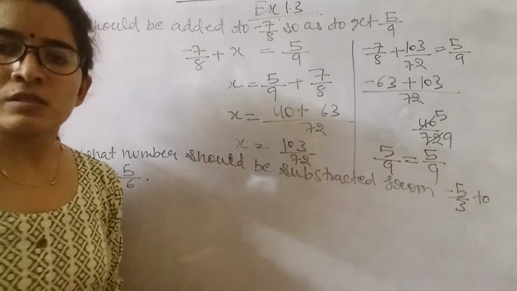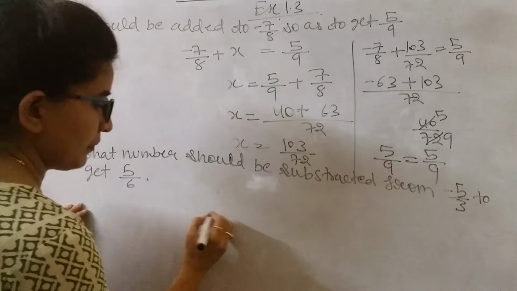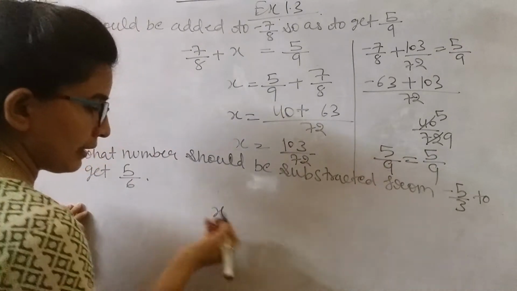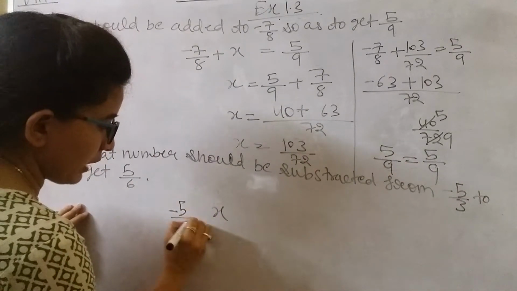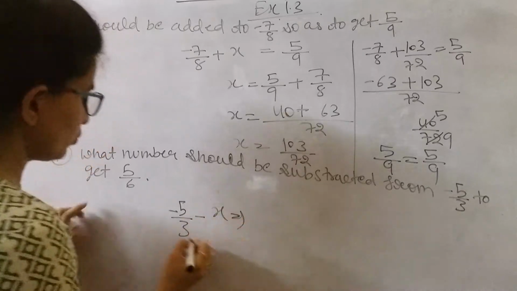Now again, suppose the number is x, that should be subtracted from minus 5 by 3 to get 5 upon 6.